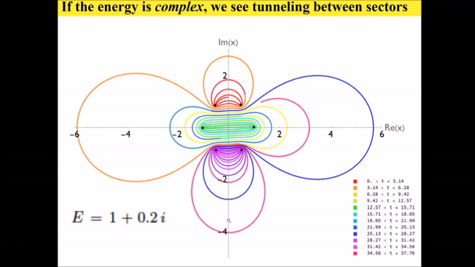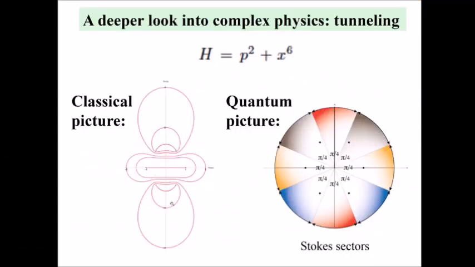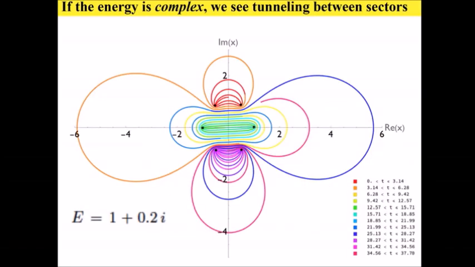So it is tunneling. In this picture, these orbits are isolated orbits. They cannot mix. But if the energy is slightly complex, now the classical particle can tunnel from this region to this region. So we see a tunneling classical particle, tunneling from classical region to region.